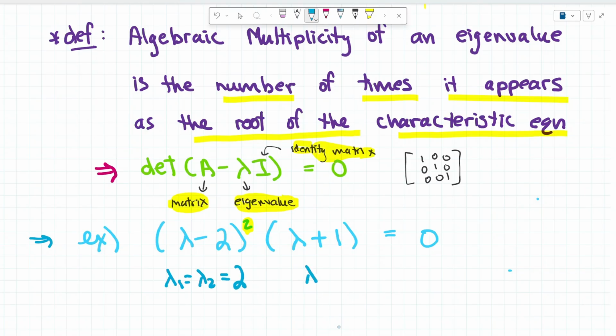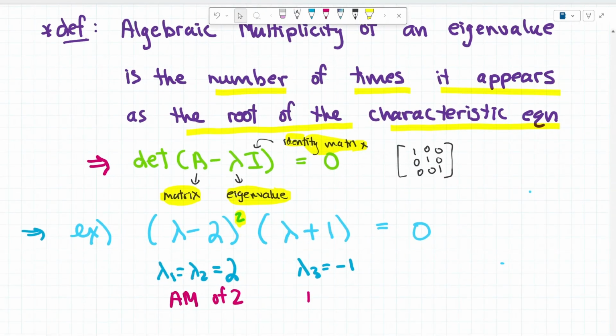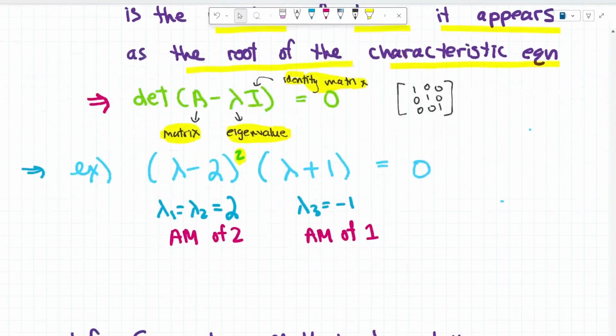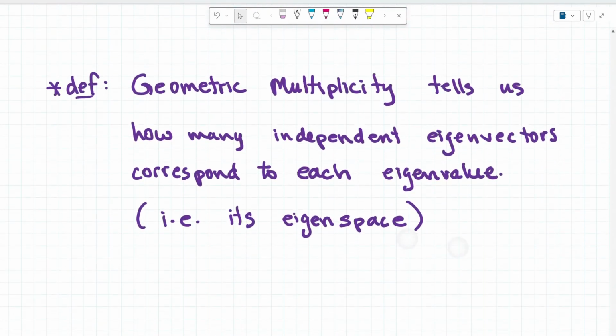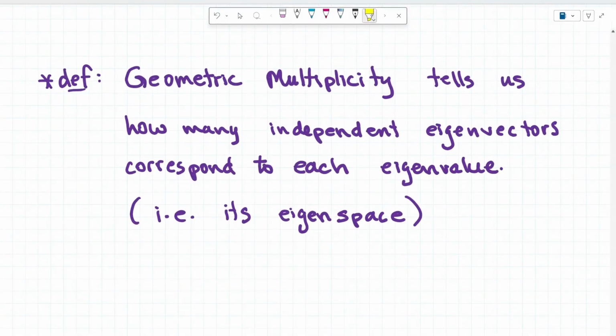And then our lambda 3 here equals negative 1. So this first part has an algebraic multiplicity of 2, and this part has an algebraic multiplicity of 1, because 2 appears twice as the root, whereas negative 1 only appears once as the root.